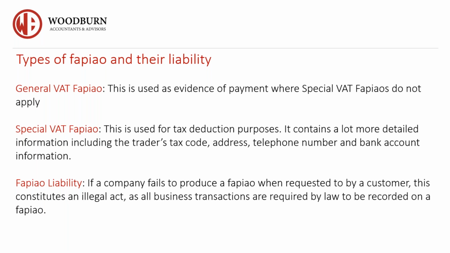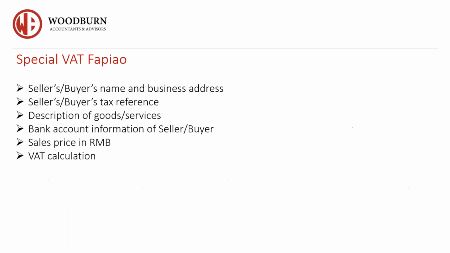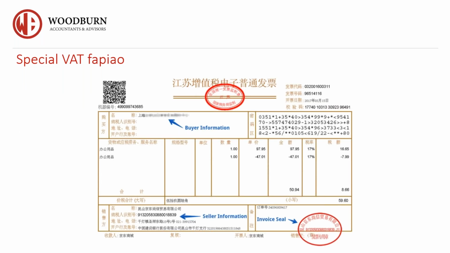The special VAT Fapiao is a little bit more complicated. These are booklets of sheets where you have to be much more detailed as to the description of what is inside. This is what a special VAT Fapiao looks like. You're going to have to put the seller and buyer's name and business address, their tax reference, the description of the goods and services.